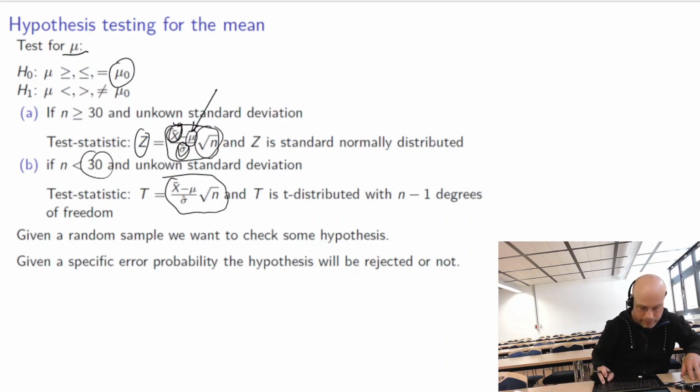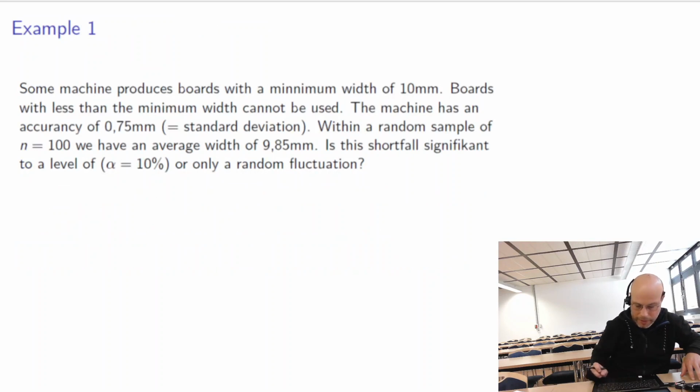Okay, but now we can go to the first example. Some machine produces boards with a minimum width of 10 millimeters. Boards with less than the minimum width cannot be used. The machine has an accuracy of 0.75 millimeters.